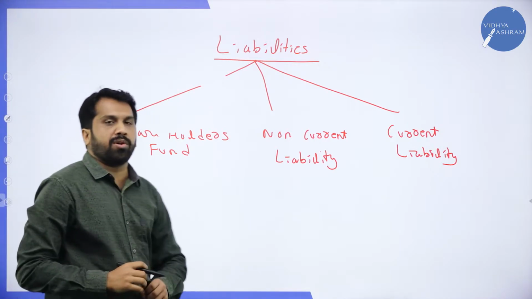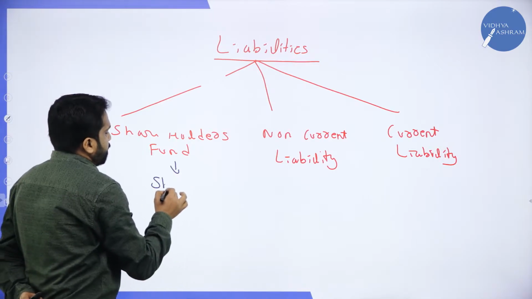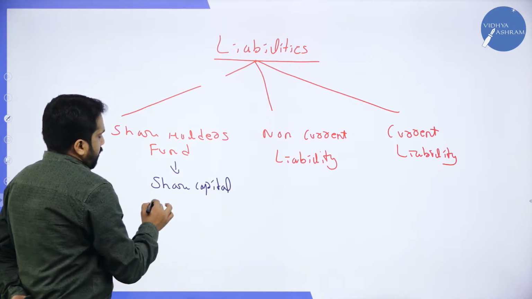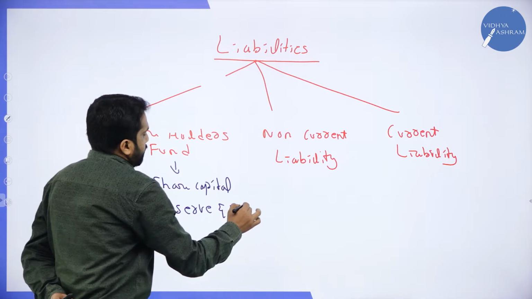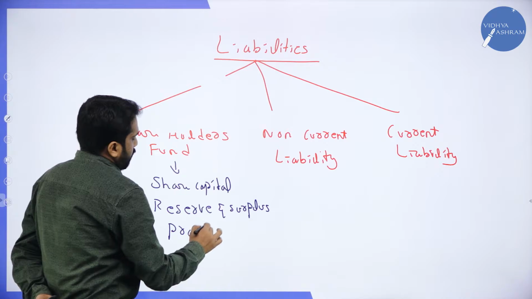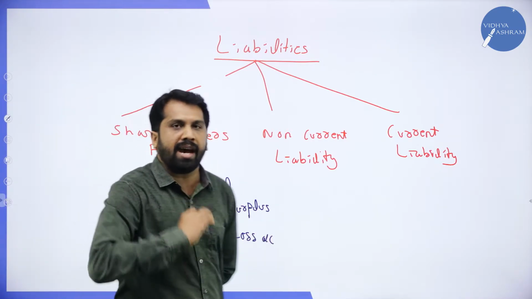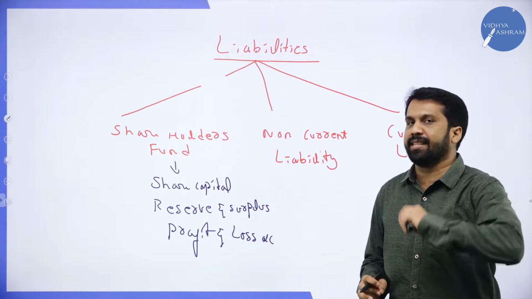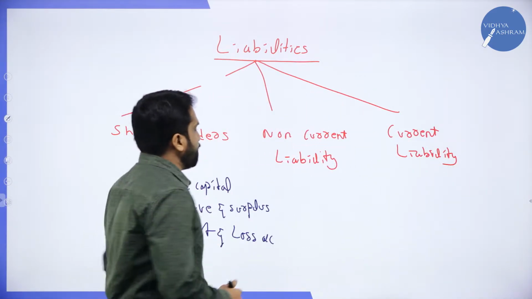Now, under shareholders fund, what will come? Under shareholders fund, you will get share capital, reserve and surplus, profit and loss account. You have to remember this. Under shareholders fund, you will get these 3 things. Under non-current liability, which are the things you will get?